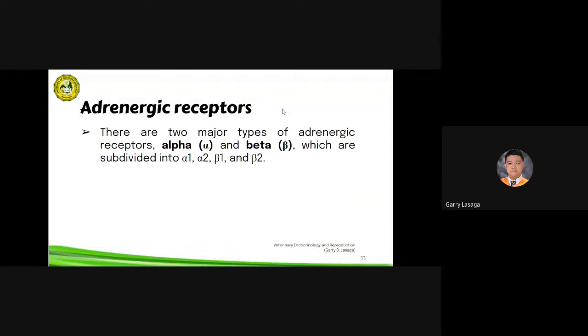When we review the different types of adrenergic receptors, we have two major types: the alpha and the beta. Alpha receptors can either be alpha 1 or alpha 2. The beta receptors can be beta 1, beta 2, and beta 3.